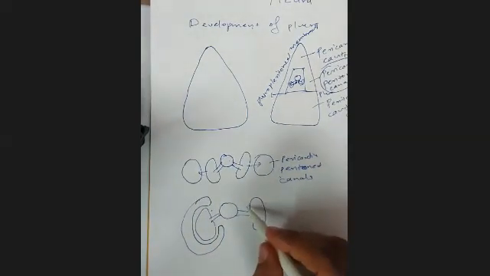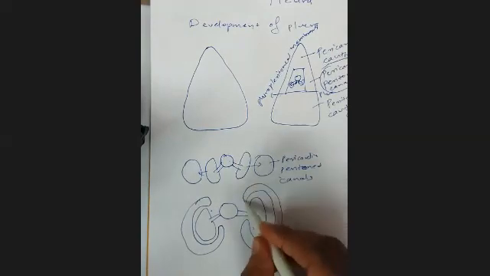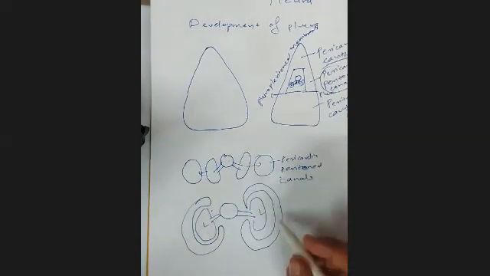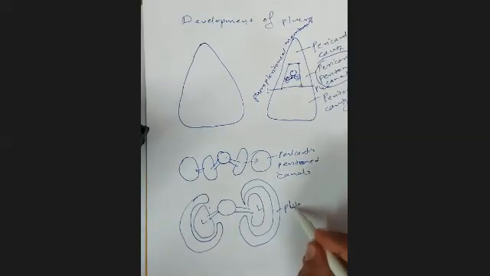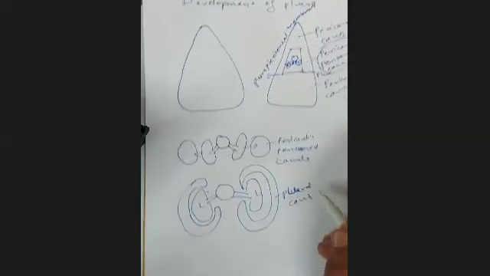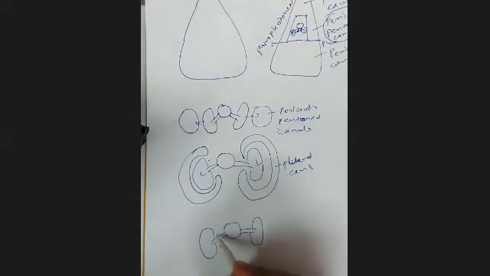So this is the lung, and this is the pleural cavity. As we go ahead, the invagination becomes complete.